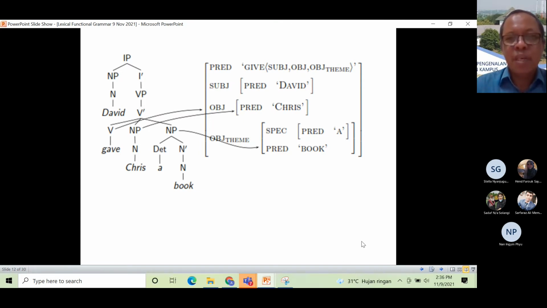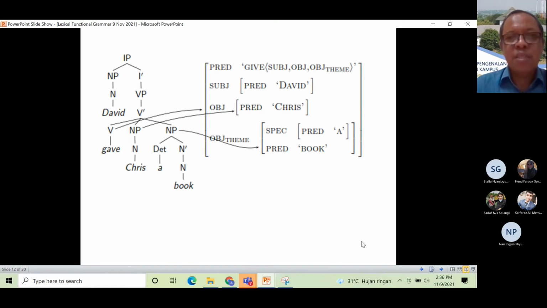For example, I give him some money. Some money is object theta. The difference between object and object theta is that object theta always occurs in a double object construction, like in the verb give here. So you can see the subject is David, the object is Chris, the object theta is a specifier having the predicate A and the predicate book.